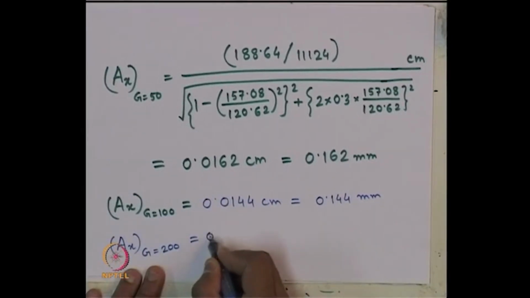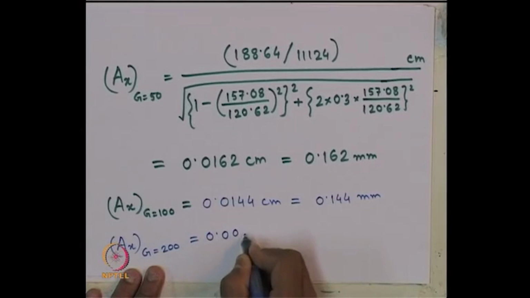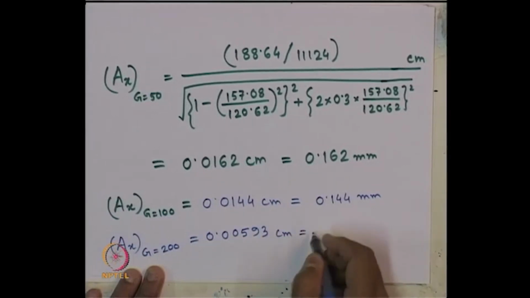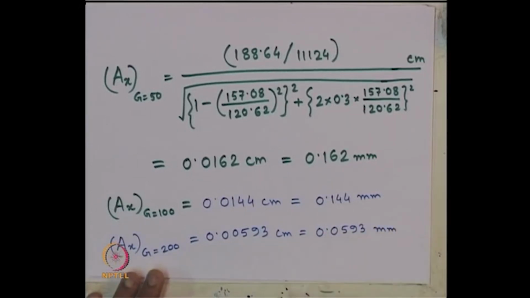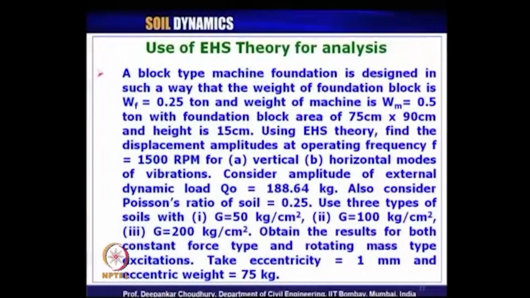It is coming 0.00593 centimeter. So, 0.0593 millimeter, and this is for the constant force type.